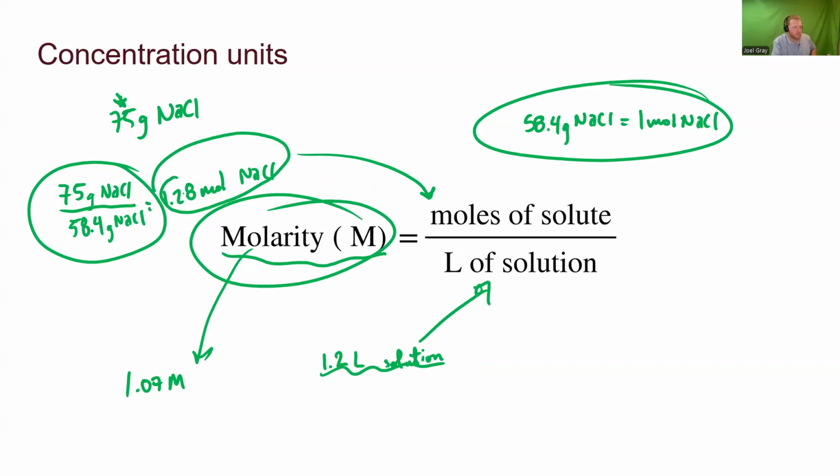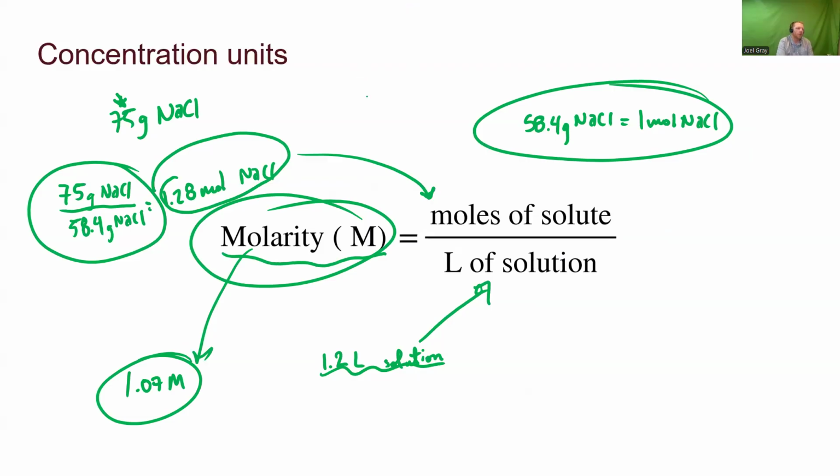So it's our number of moles, 1.28, divided by 1.2, and that's 1.0666667, or we're just going to call it 1.07 molar. Does everyone follow that makeup of that solution?